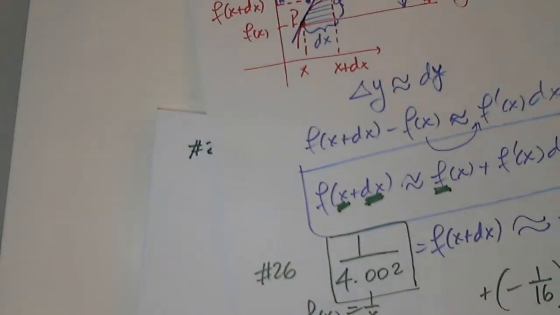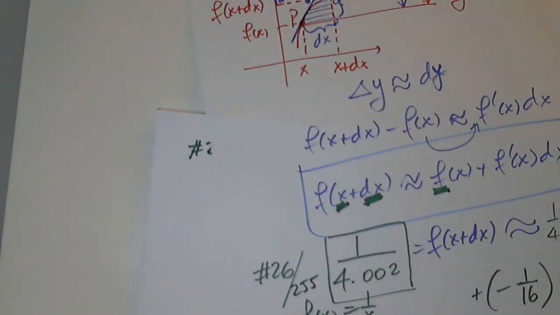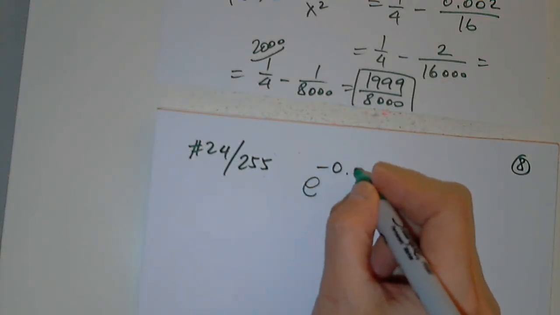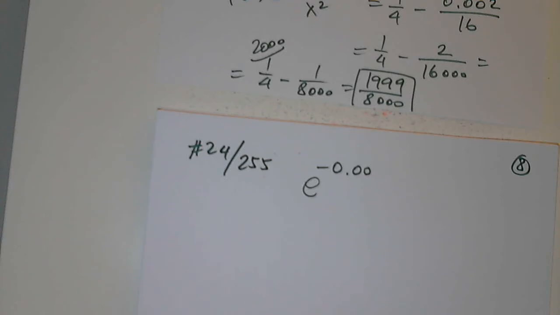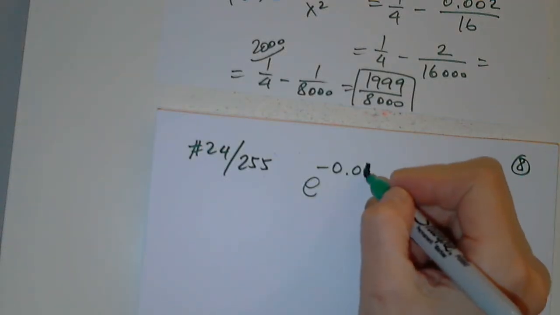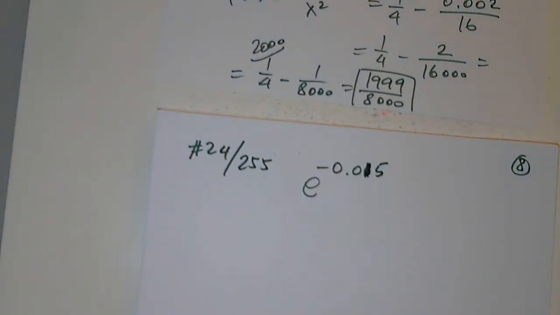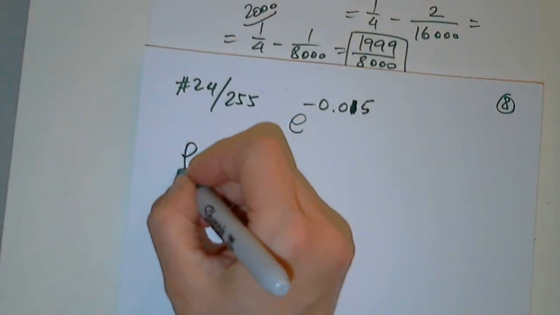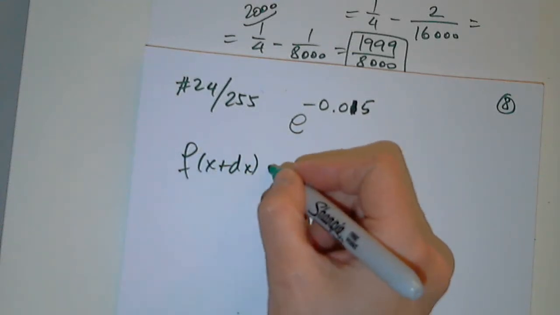So this was 26 on 255, my apologies. And that is E to negative 0.00, I think it is, yes. No, just 10, 15. 0.015. Okay. I'm going to copy our result, the very powerful result.